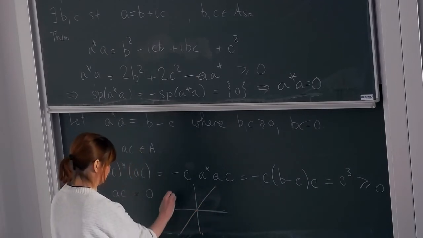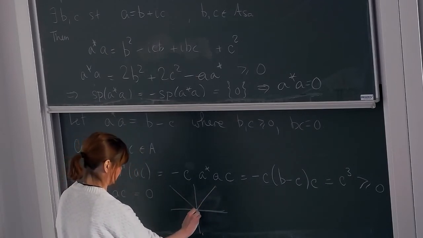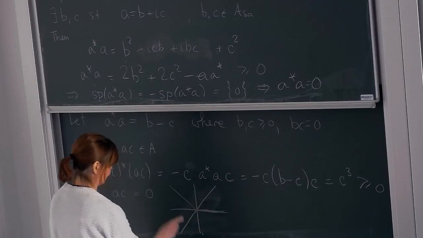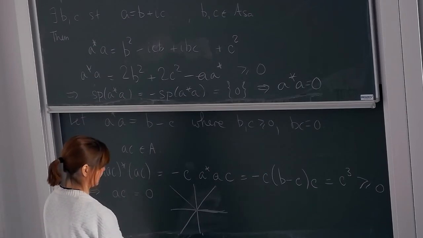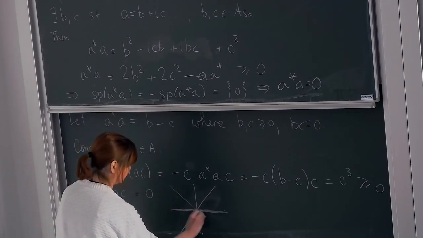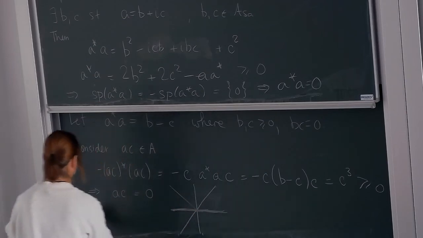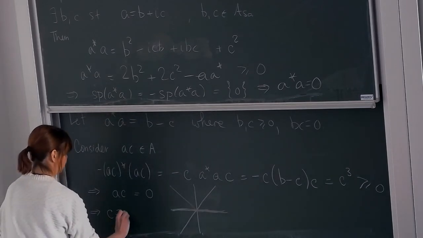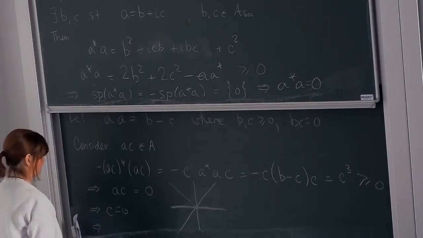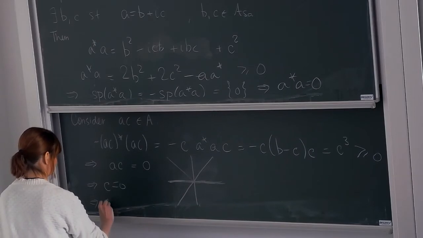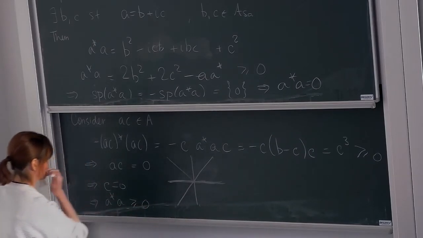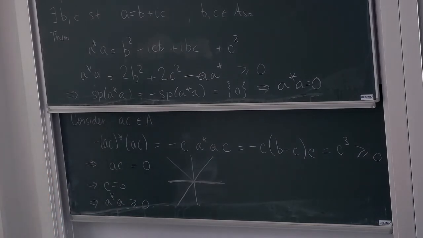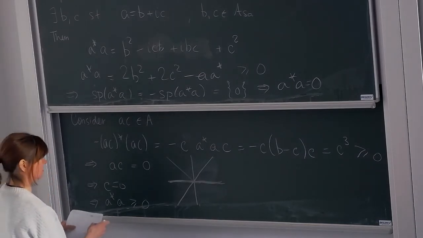That's A, C was this. So the only way for A times C to be 0 is if C itself is 0. So indeed, A star A, sorry, this should be A star AC.